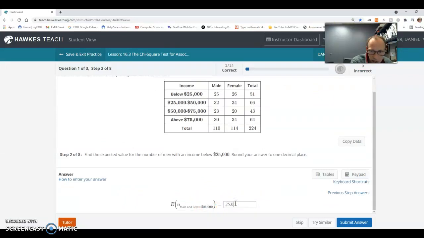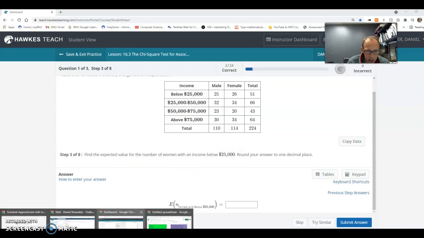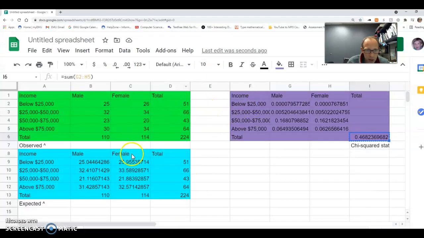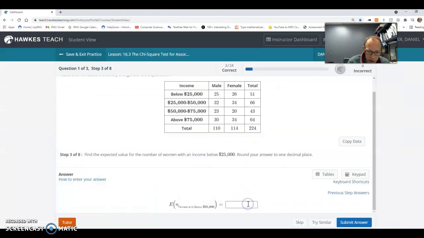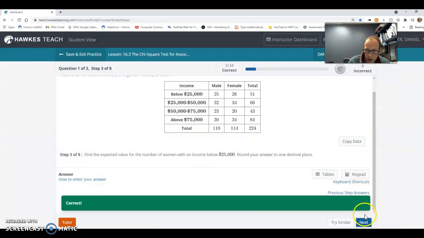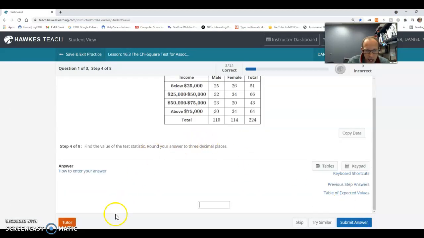And the expected number of women with income below, so that would be right here, and it's going to be 26.0. Okay. Test statistic, that's what we calculated, 3 decimal places, so that should be 0.468.